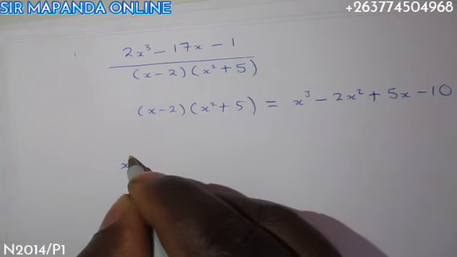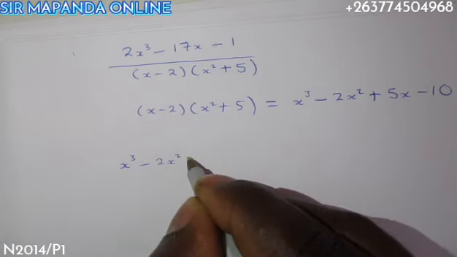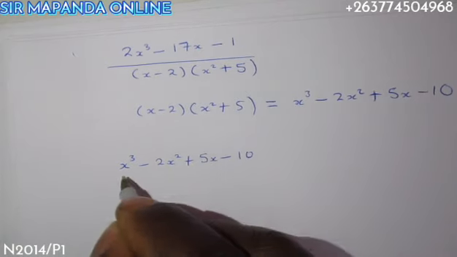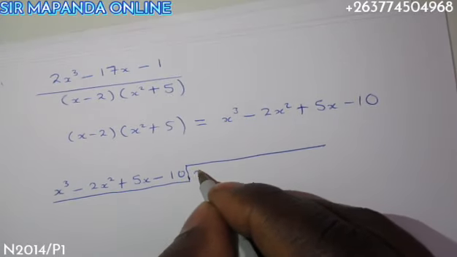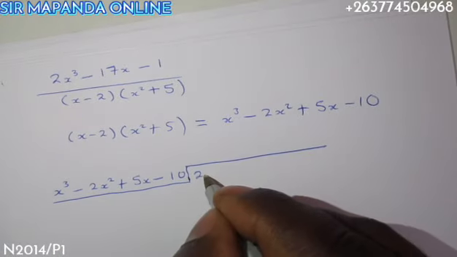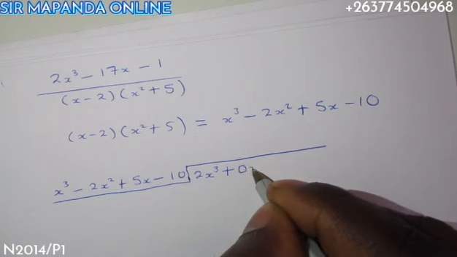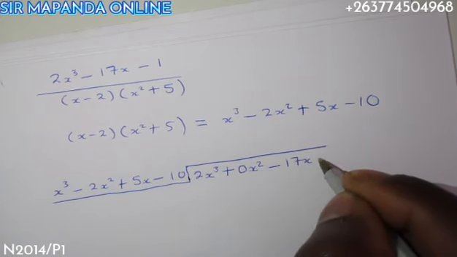So you are saying x cubed minus 2x squared plus 5x minus 10 divided by, this is 2x cubed minus 17x minus 1, but I'm going to write it as 2x cubed plus 0x squared minus 17x minus 1.